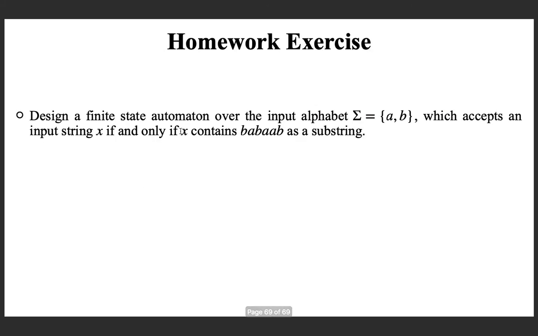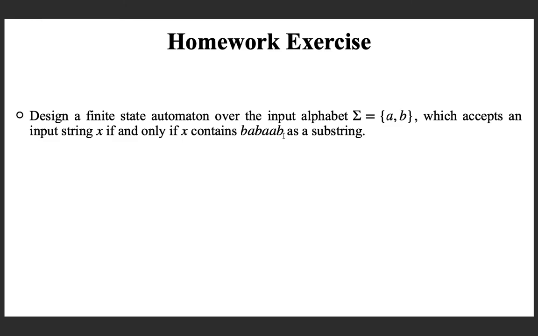And today we are coming to the last slide of this lecture, where I am giving you a homework exercise where you try to come up with an automaton which will accept a string over AB if and only if that string contains this as a substring.